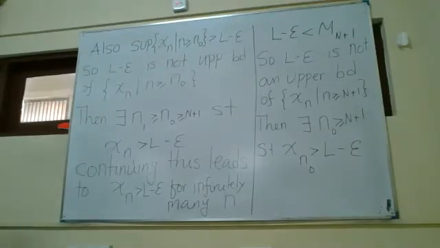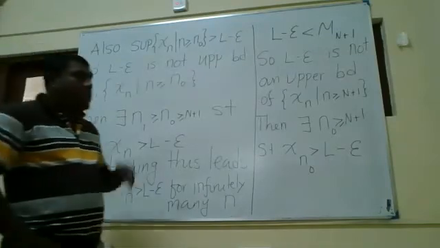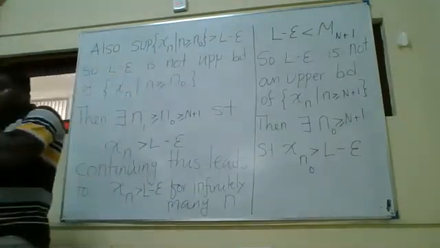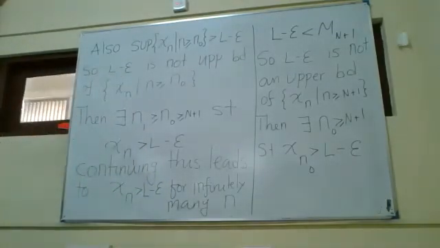So if L is the lim sup, then we show that xn is less than L plus epsilon for all n greater than some capital N, and then we prove that xn is greater than L minus epsilon for infinitely many n. So now what we are going to do is show the other way around.